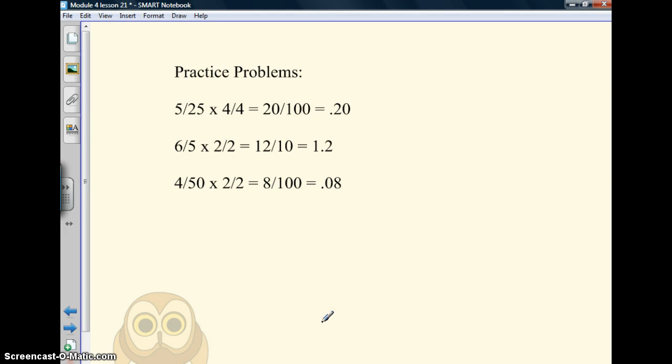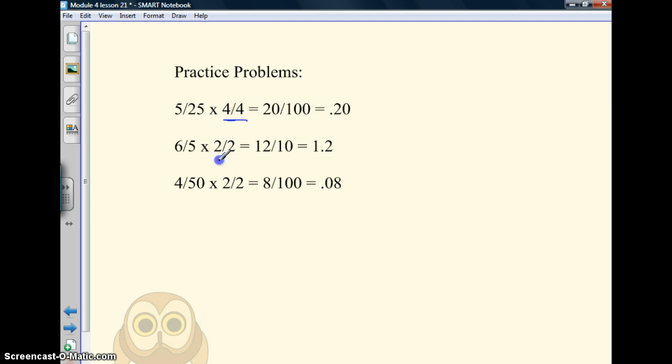So here are some practice problems. All right? So if I have 5 25ths and I want to turn it into a decimal, I'm going to multiply it by 4 fourths because 25 times 4 will give me 100. So that works.